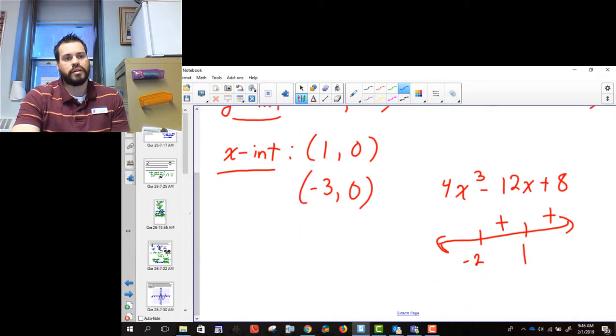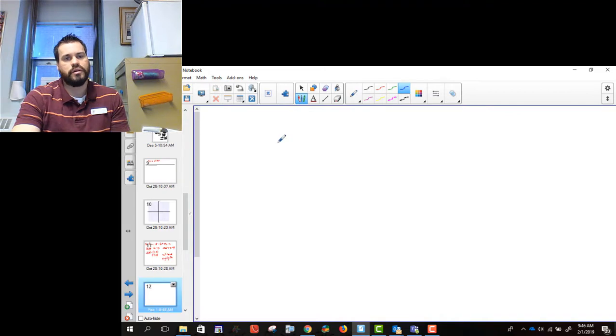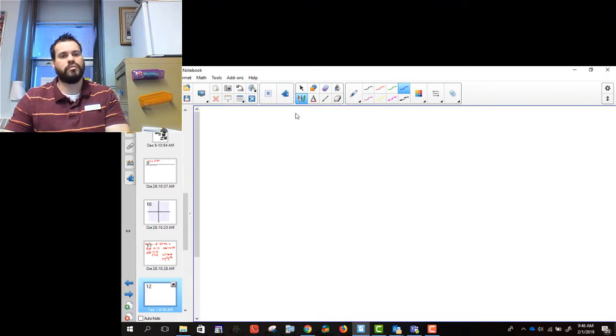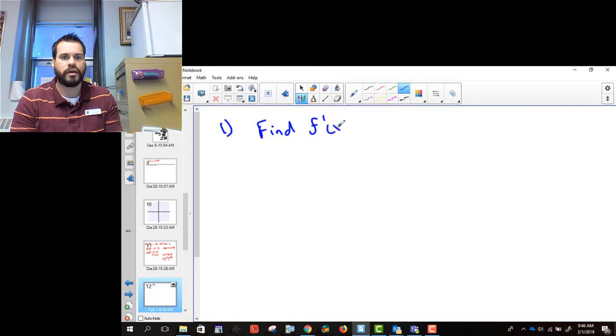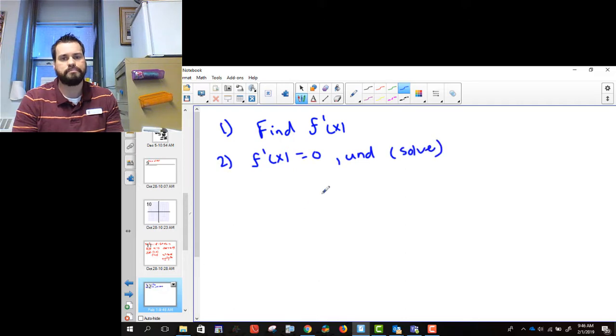Okay, so as a summary, let's write in what we're saying. So the first step, you find f prime of x, and then you take f prime of x and set it equal to 0 and undefined and solve. Okay, you solve that.